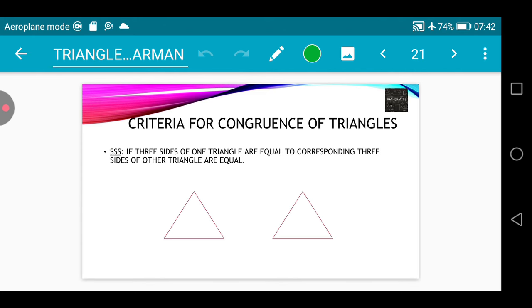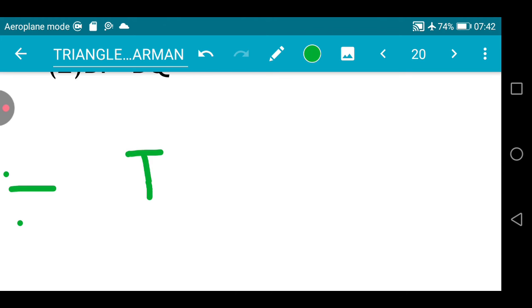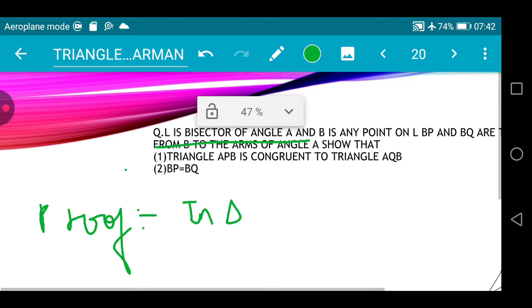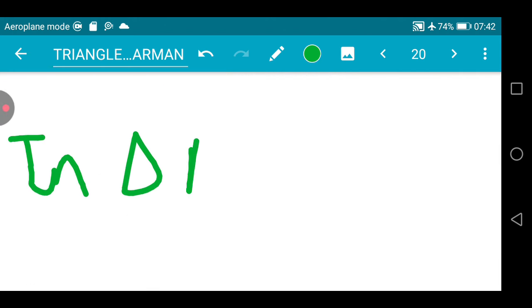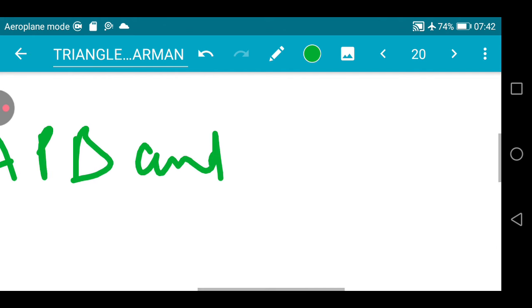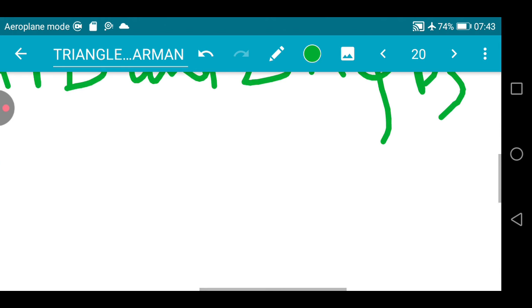Next one is side angle side. Okay, the proof is this. What you have to prove is that triangle APB is congruent to triangle AQB. So we can write, in triangle APB and triangle AQB, what is given?